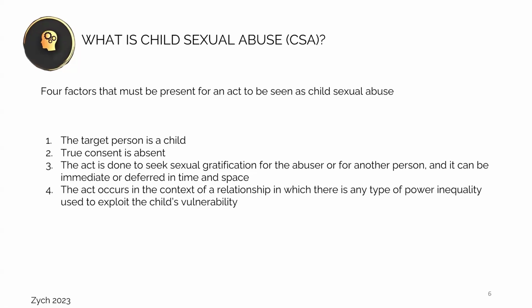That act is being done to seek sexual gratification for the abuser or another person, which could be immediate or deferred, like if there are some pictures or videos or things that are being taken of children. And this act occurs in the context of a relationship in which there is any type of power inequality that is used to exploit that child's vulnerability.